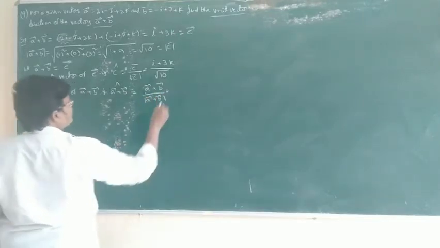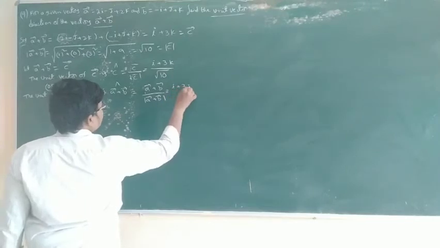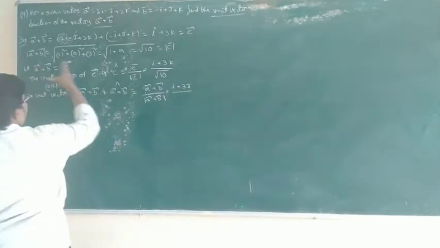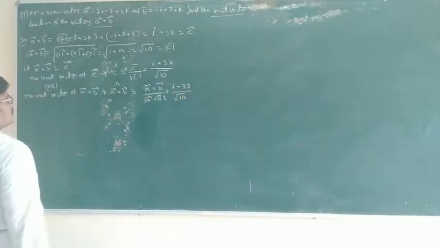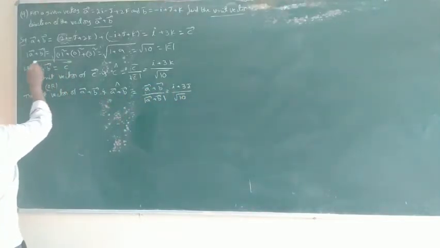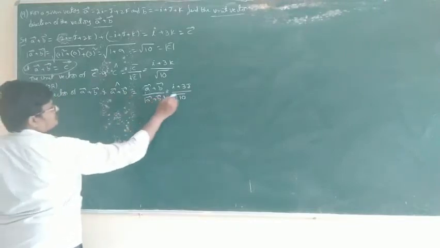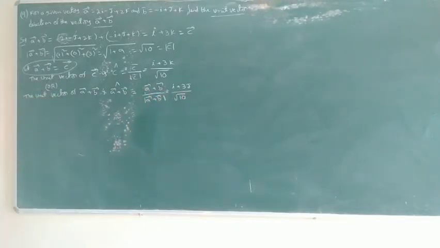So a bar plus b bar is equal to i plus 3k by mod a bar plus b bar, which is root 10. Both are the same. This is direct: a bar plus b bar by mod a bar plus b bar. Next.